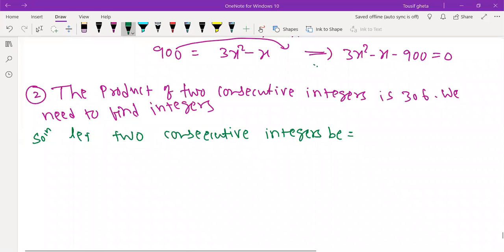Consecutive means continuous. Like if I say one number is 2, then the continuous integer is 3. So this is called a consecutive integer. If you say this 2 is nothing but x, then how will you get 3? What will you add to 2 to get 3? You will write x plus 1. So the consecutive integers are x and x plus 1.